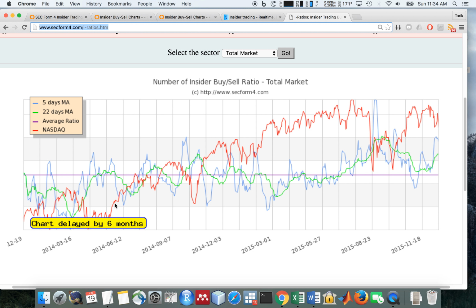Shortly thereafter, the stock market increased quite dramatically. As it increased, the buying to selling ratio dropped, which means insiders were selling into this increase. Then they started buying again right before this increase, so they must have realized there was going to be another positive shock up ahead.